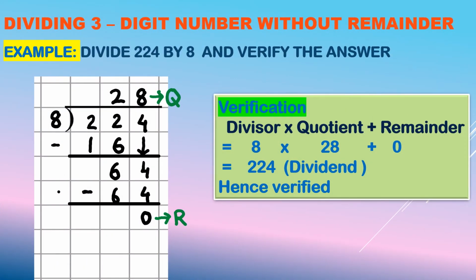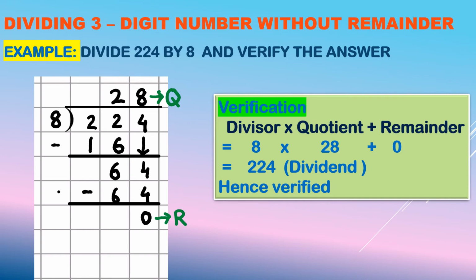Now let us learn how to divide 3-digit number by a single-digit number without remainder. To understand this, let us take an example. Let us divide 224 by 8. So step 1. We start division from the place of highest value, which is in the 100 place.